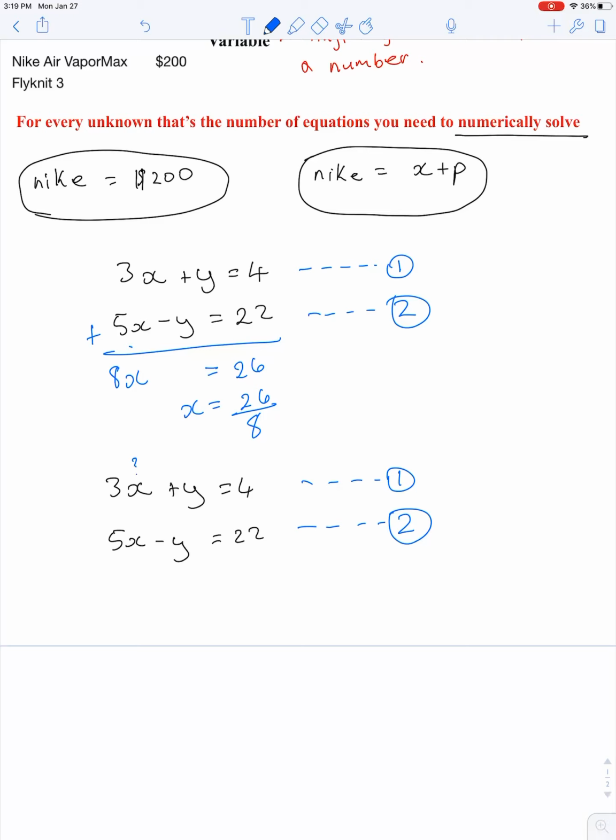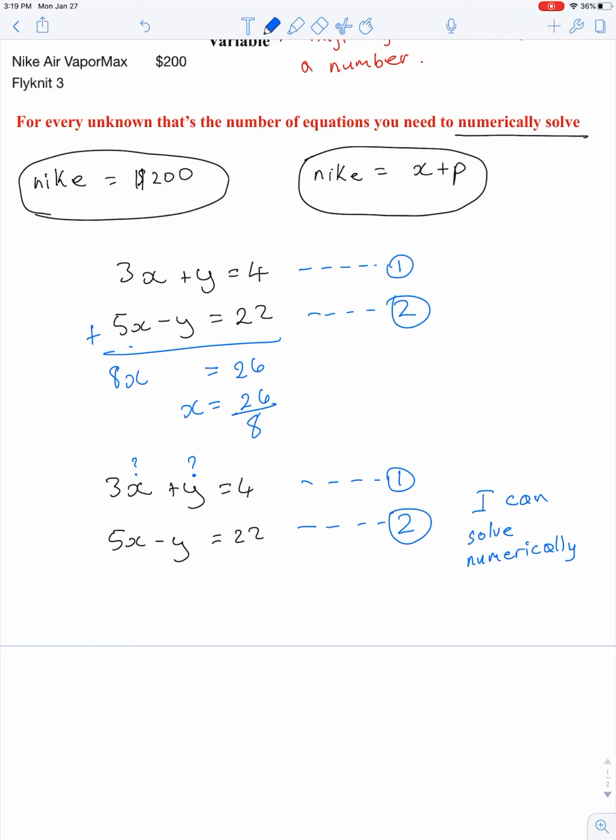So I have 1 unknown, 2 unknowns. And how many equations do I have? 2. So that means I can solve numerically. So the first thing you want to do is check how many unknowns and how many equations you have to see if you could solve numerically.